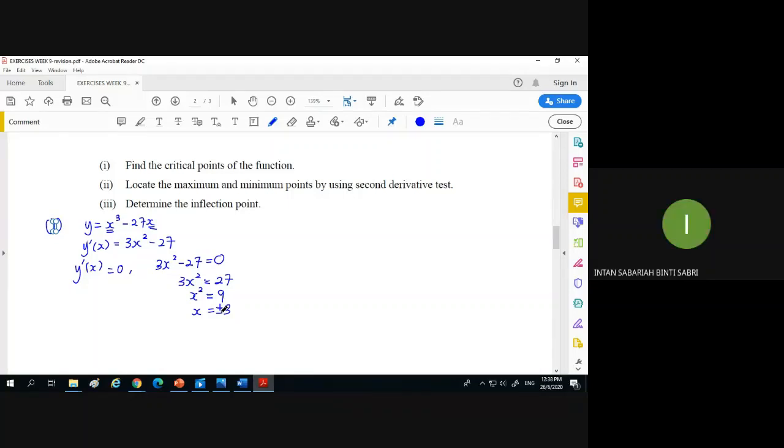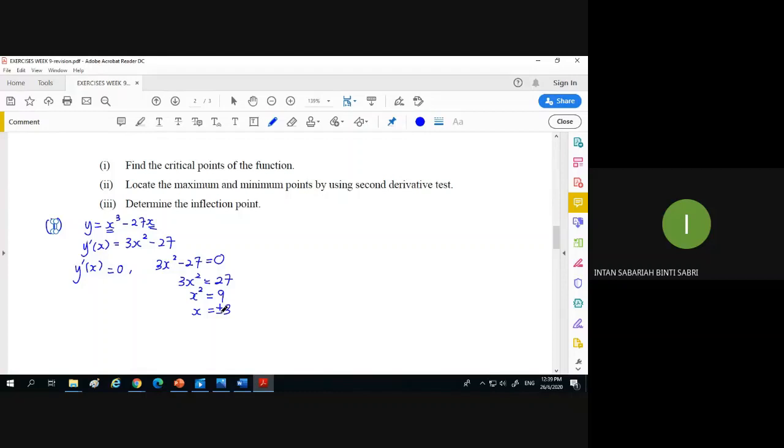Sebab square root, and then satu lagi sebab utama adalah negative 3 square. Okay, 9. 3 square is also equal to 9. So the possible is maybe 3 and negative 3. Negative 3 also produce 9.